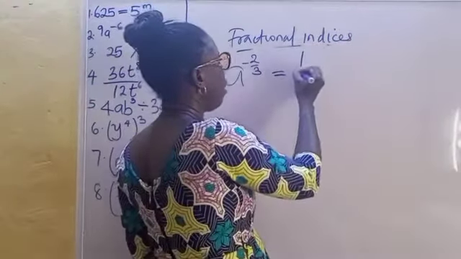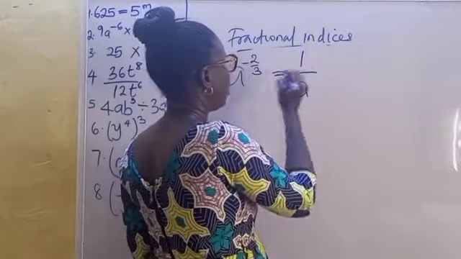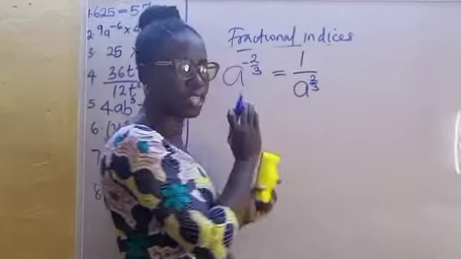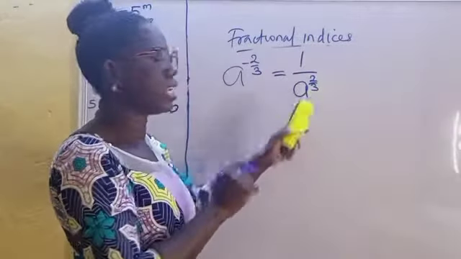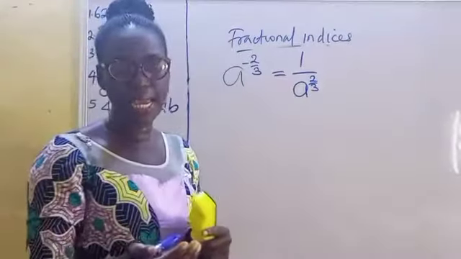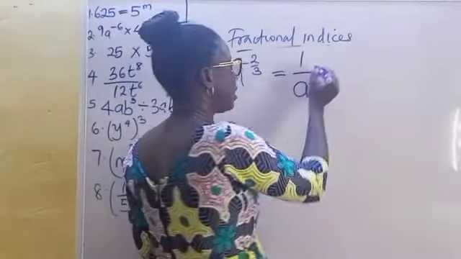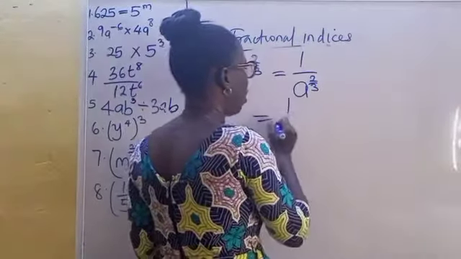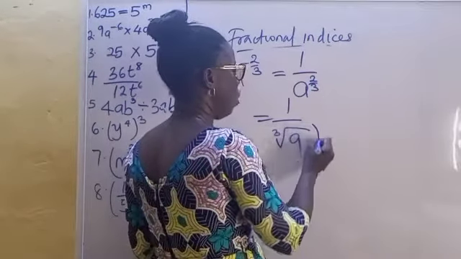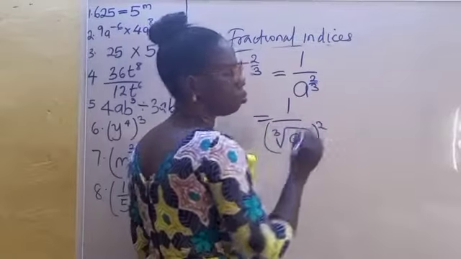So we know it's 1 over A raised to the power of 2 over 3. That's the first thing. But further on, A raised to the power of 2 over 3 is a fractional index. So we put it in perspective, it becomes 1 over the cube root of A, all raised to the power of 2.